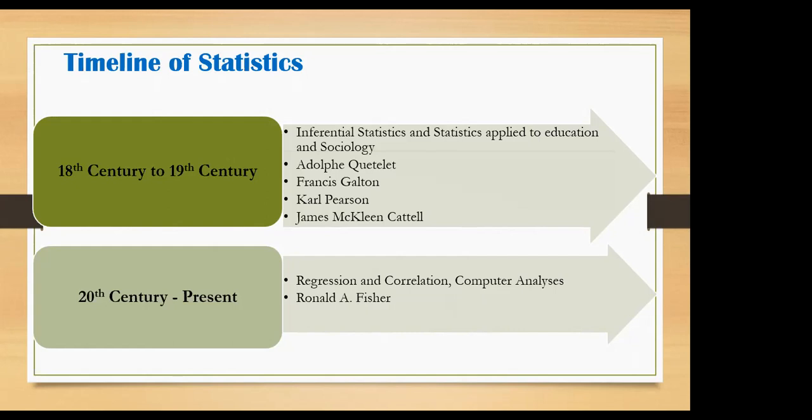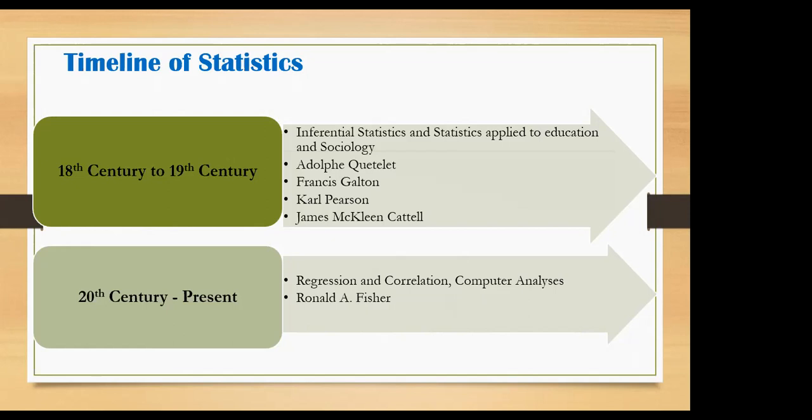Karl Pearson is another mathematician who collaborated with Galton in developing many of the correlation and regression formulas that are being used today. And James McKeen Cattell, a famous psychologist, applied statistical methods to psychology and educational problems together with his students.